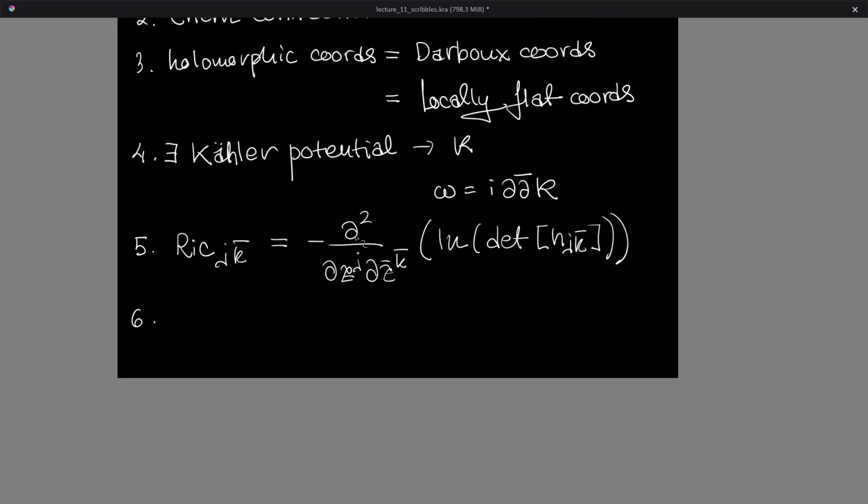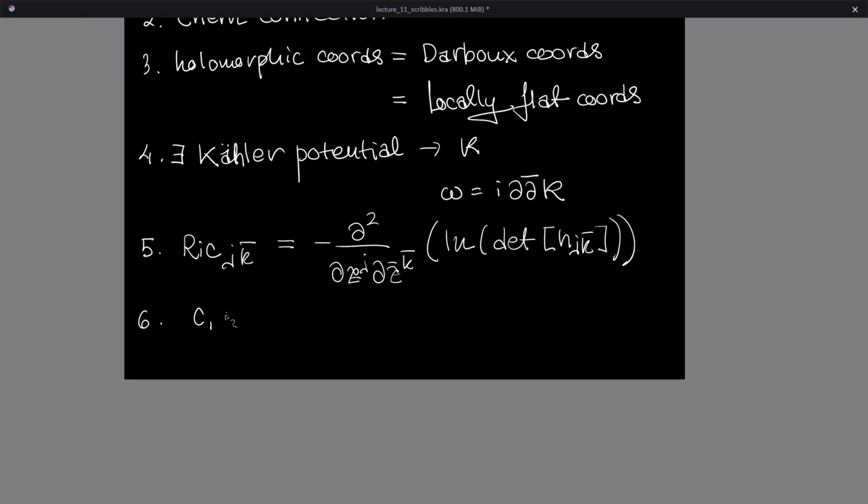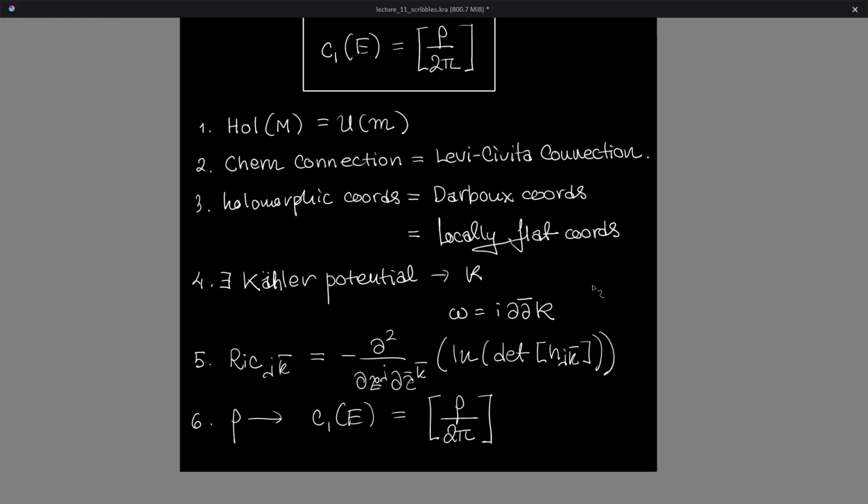And six, the existence of this Ricci form, but then also that c1 of E is equal to the cohomology class of the Ricci form over 2 pi. So these are six important consequences that we have looked at for Kähler manifolds.